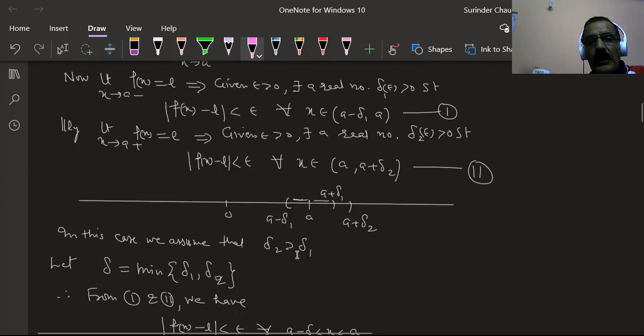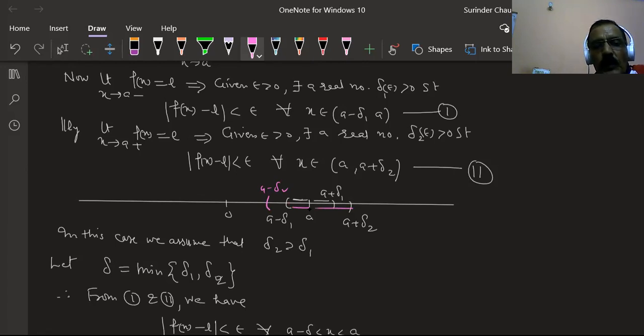The left neighborhood and the right neighborhood are shown, with delta 2 here and delta 1 here. This is a minus delta 2. Now, if the first inequality holds true in this interval and the second inequality holds true in this interval, then both inequalities will hold true.